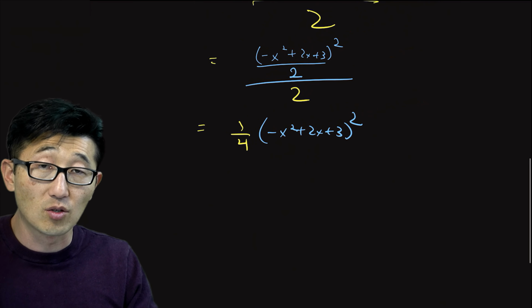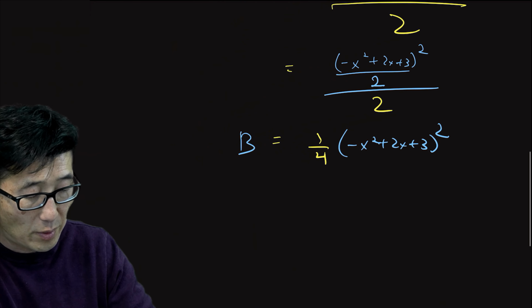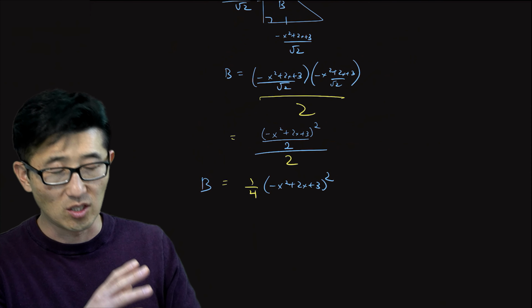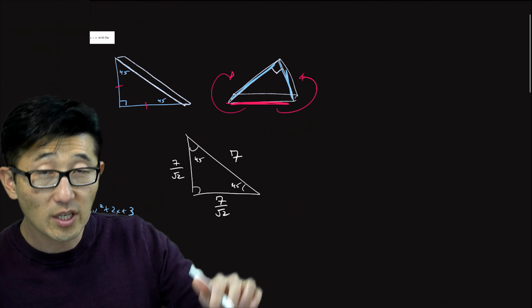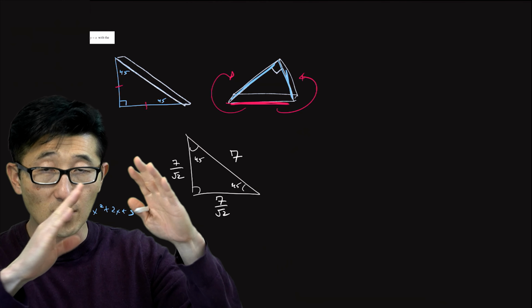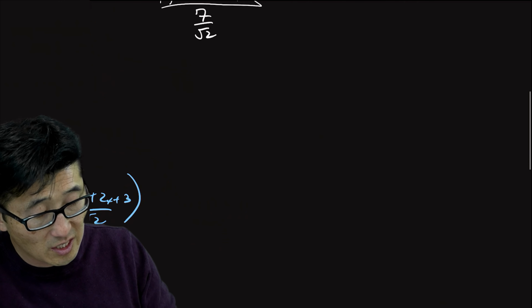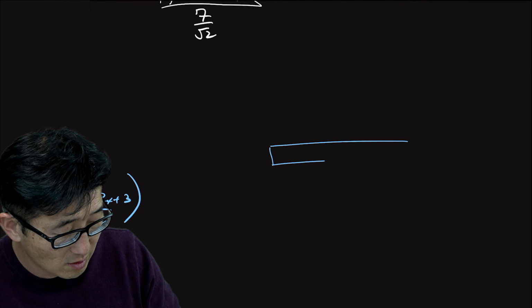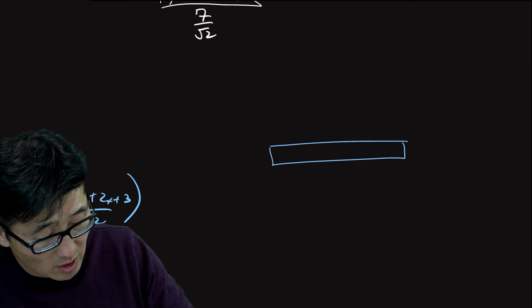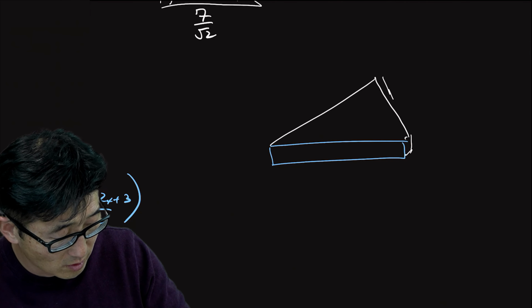Now the question is, what did we just find? We found the area of the base. When we say base, there are so many bases here. This is the base of the prism. When you look at a figure like this standing right side up, we have to push it over and put it on the ground because we want to look at it as a prism. Here's your base, and your top will look something like that.